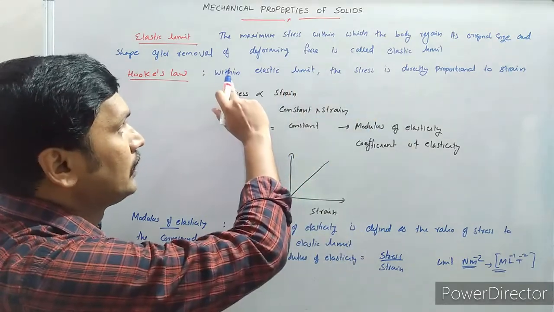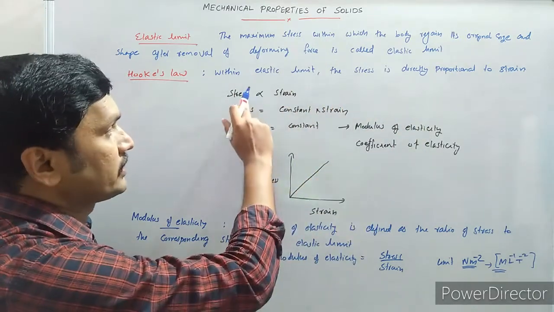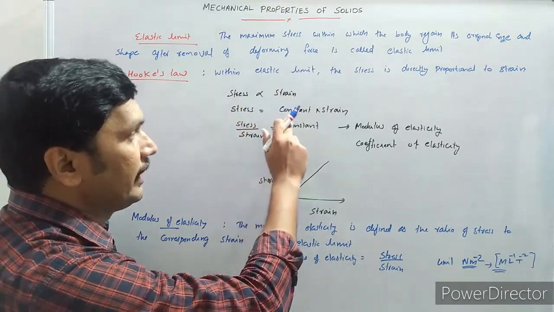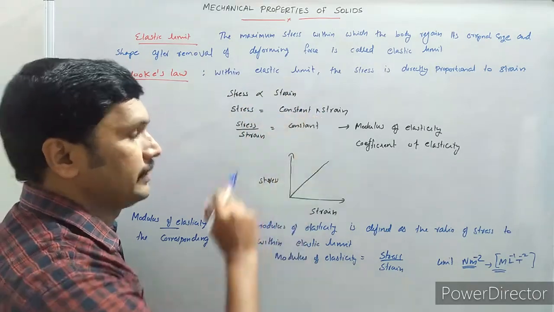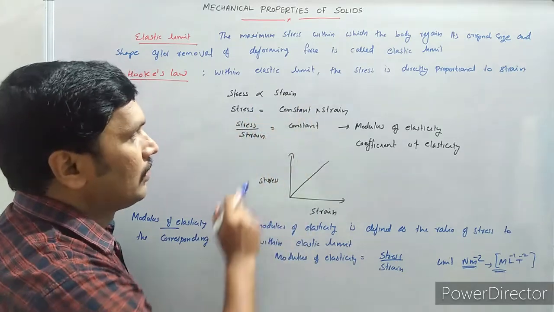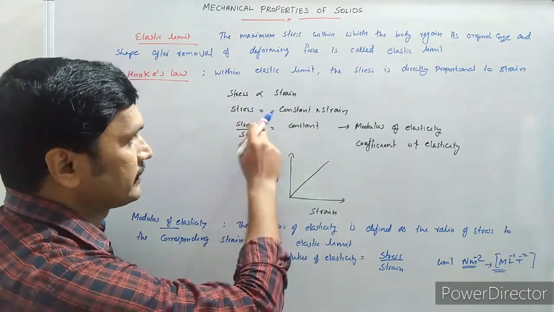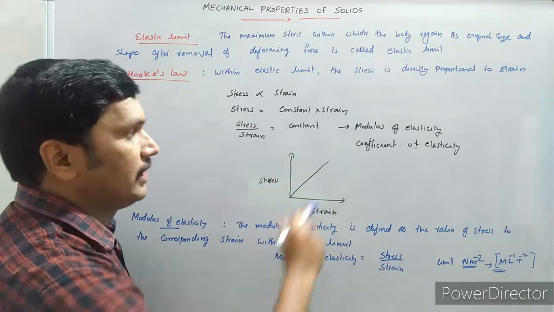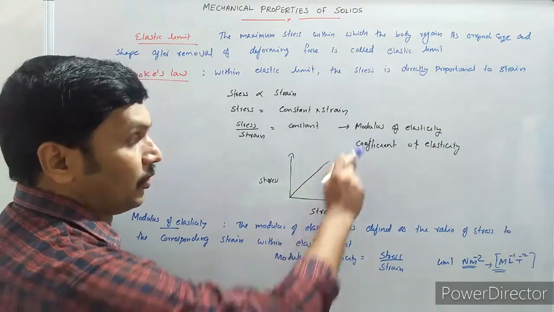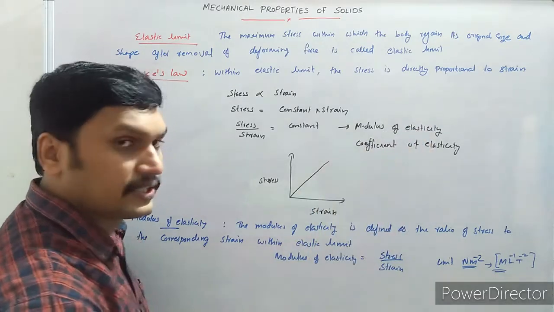According to Hooke's law, within elastic limit, the stress is directly proportional to strain, or stress is equal to a constant of proportionality times strain. Or you can rewrite it this way: stress by strain is a constant. And this constant is known as modulus of elasticity, or coefficient of elasticity.